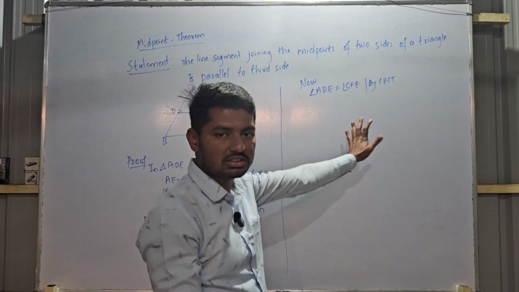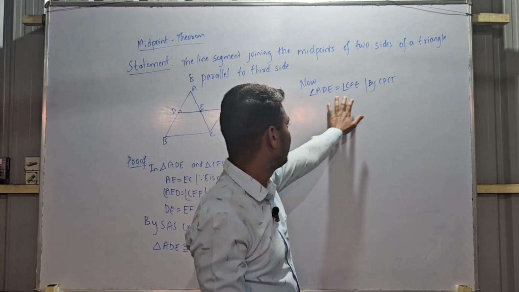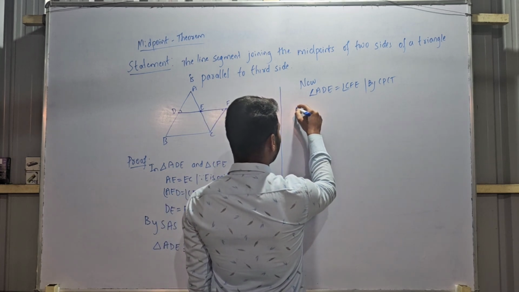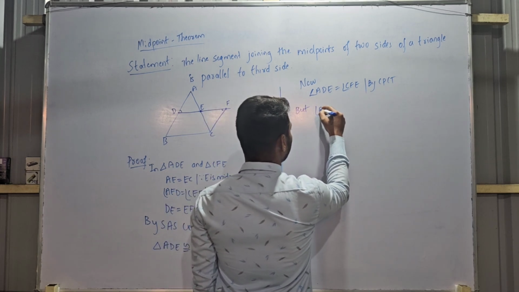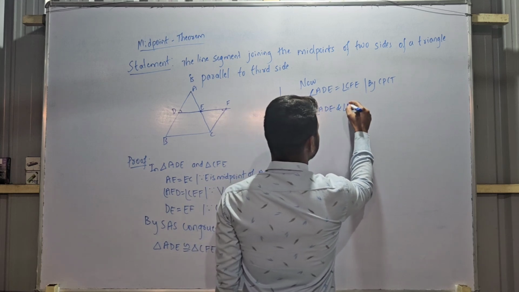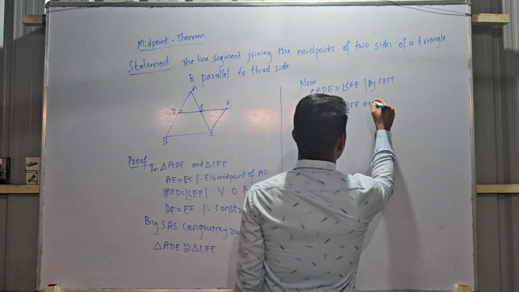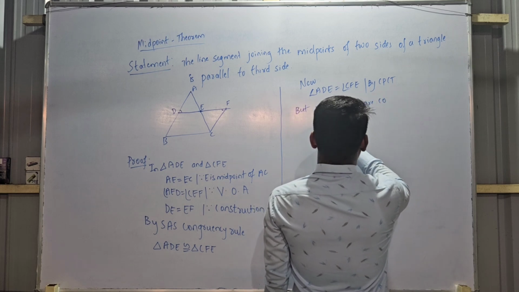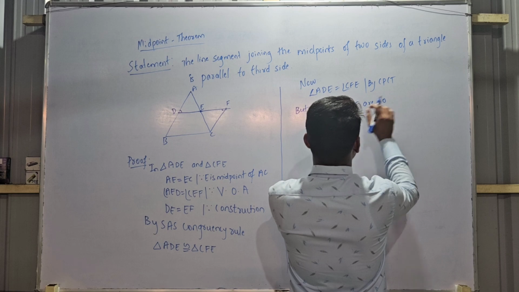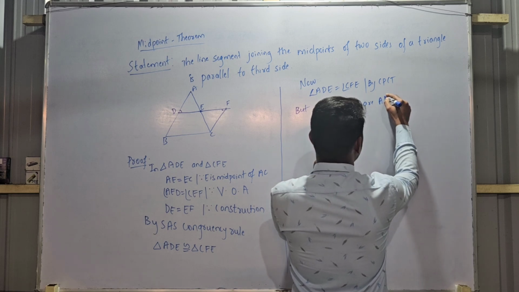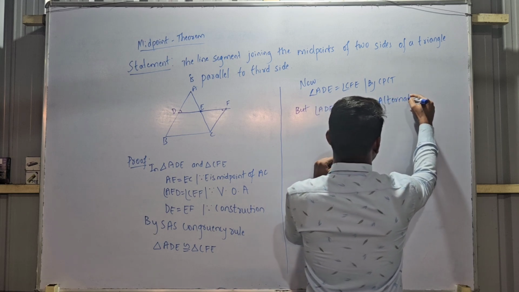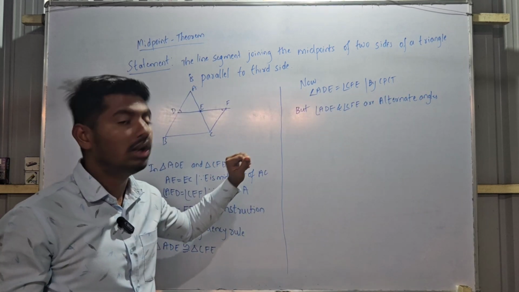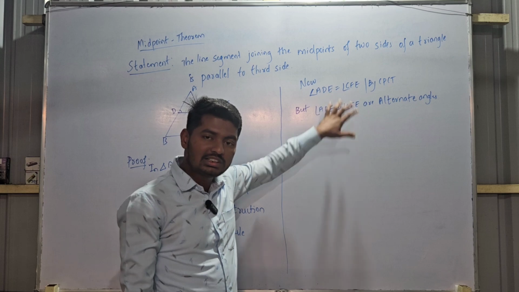But angle ADE and angle CFE are alternate angles. Students, see here, these two angles are alternate angles and we are getting them equal.